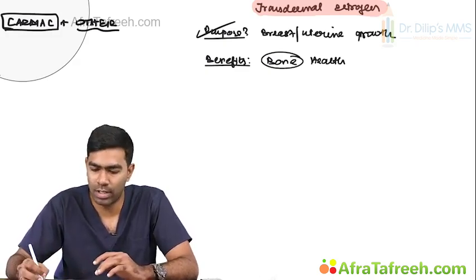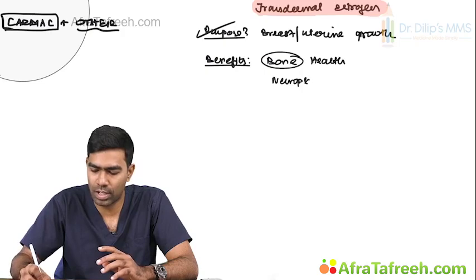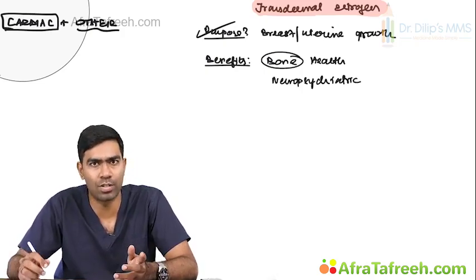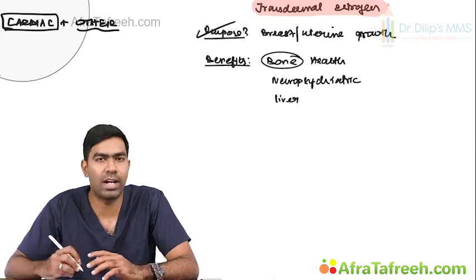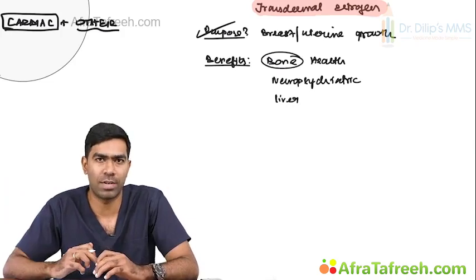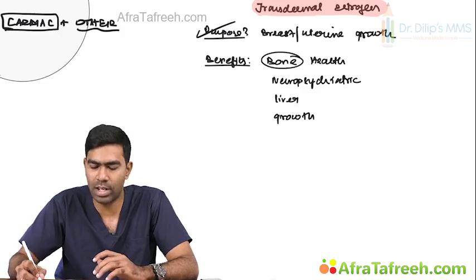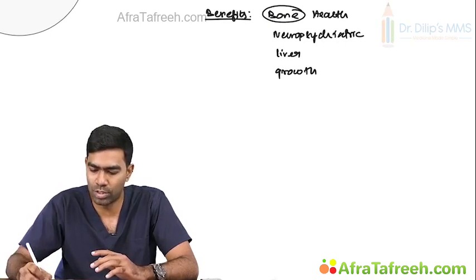It is also very good for neuropsychiatric issues, which means it improves the neuropsychiatric problems and cognitive issues that we discussed some time back. And for liver-related issues, estrogen provides benefit. It reduces the ALT and gamma-GGT enzymes. And for growth, it is reasonably helpful, especially at lower doses, not higher doses. Higher doses, it will fuse. Lower doses, it might help.